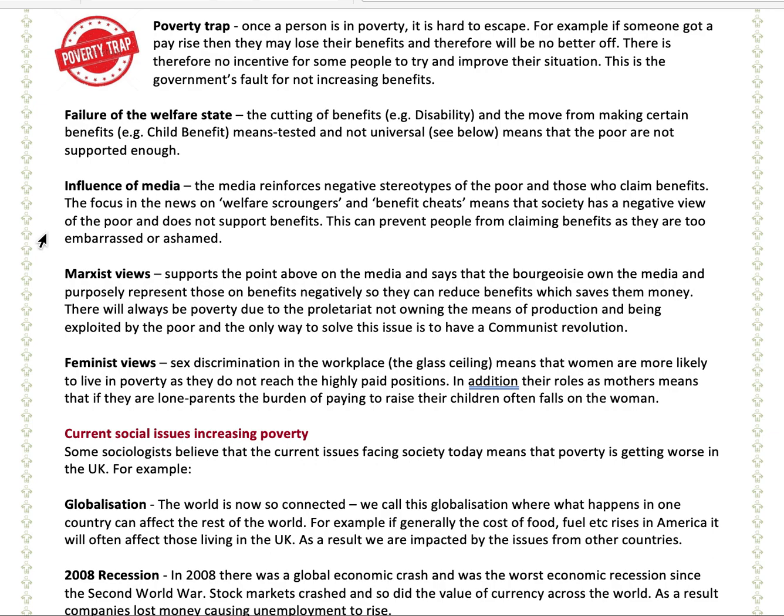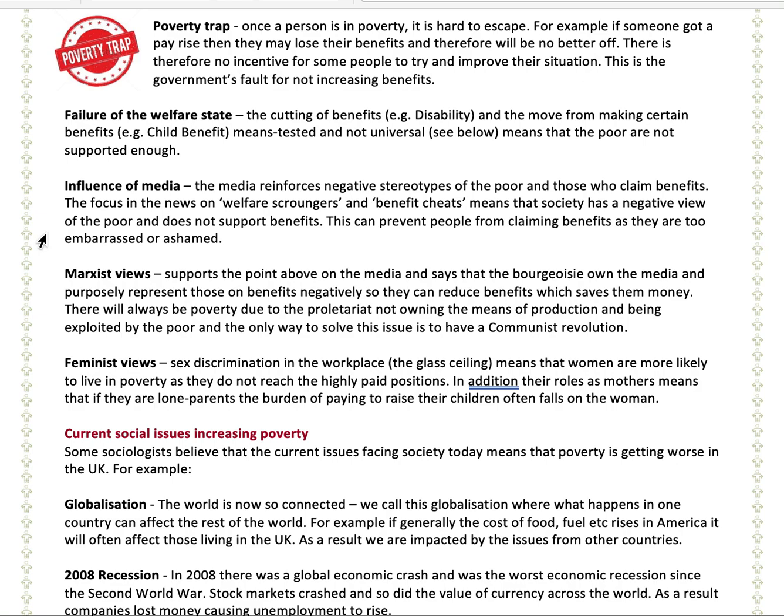The way the media represents people in poverty as welfare scroungers or benefit cheats, presenting them as folk devils, scapegoating them for problems in society, such as the lack of government funding for the NHS because so much is going on people claiming benefits, means that other members of society turn against the poor, and it allows the government to justify cutting benefits.